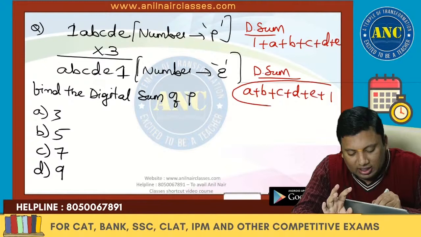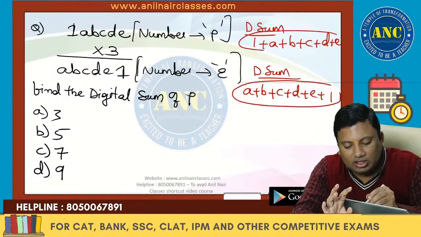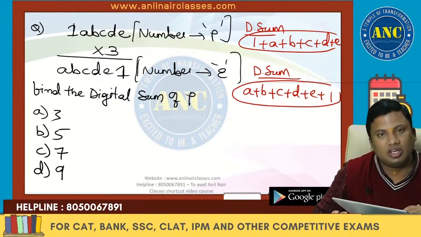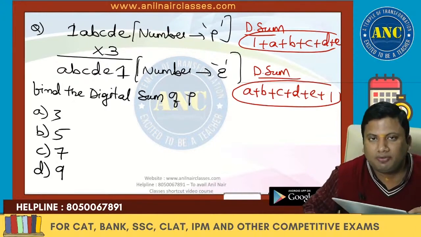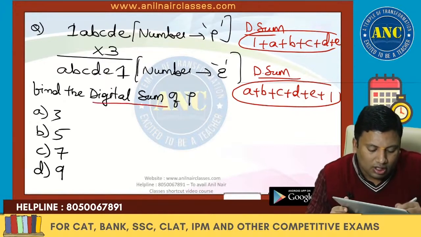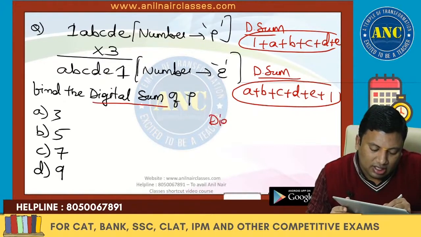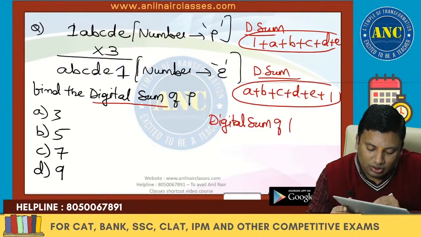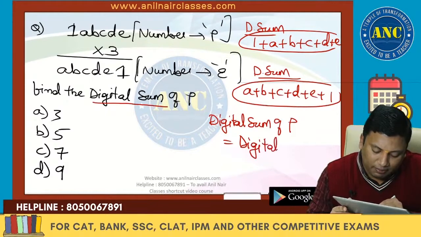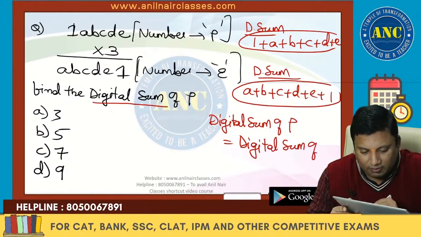This digital sum is the same, only the order of the variables is changed. 2 plus 3 plus 4 is the same as 3 plus 2 plus 4. So the first observation is that the digital sum of P is equivalent to the digital sum of Q.